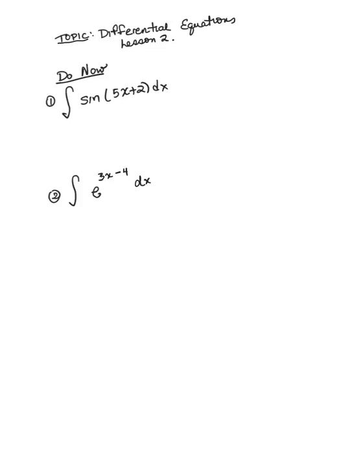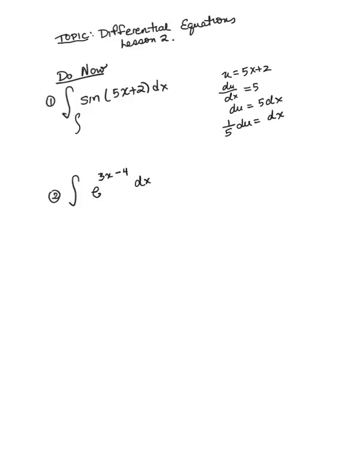Okay, so in the first problem, we have a composition of sine and an angle. The innermost function is the angle, which is 5x plus 2. We start differentiating it. We cross multiply. And we always bring the coefficient on the du side so it matches the rest of the integrand.